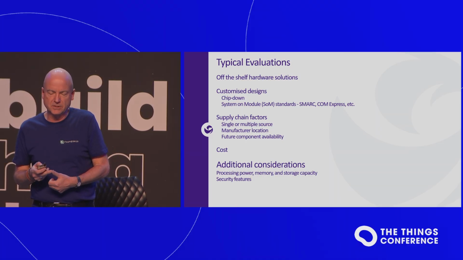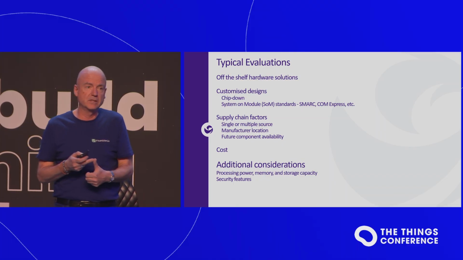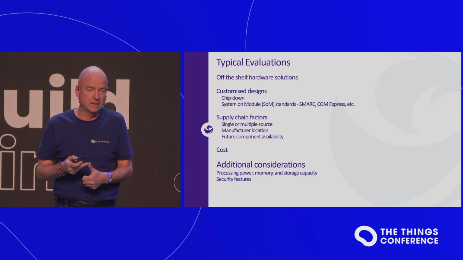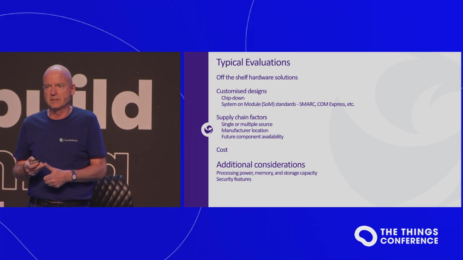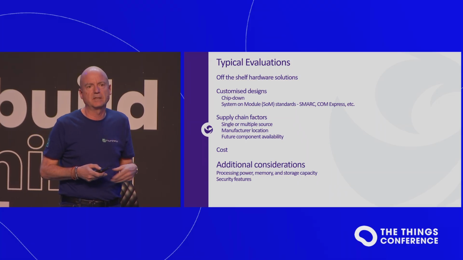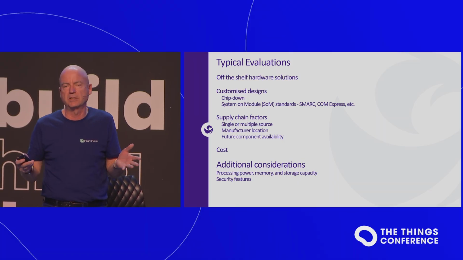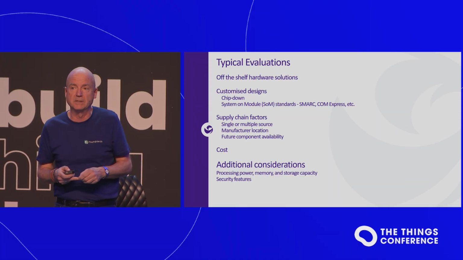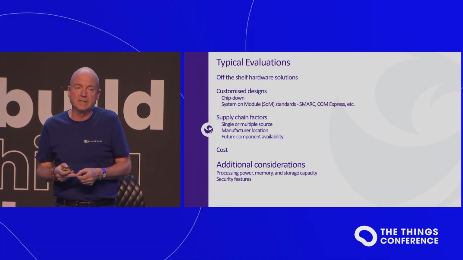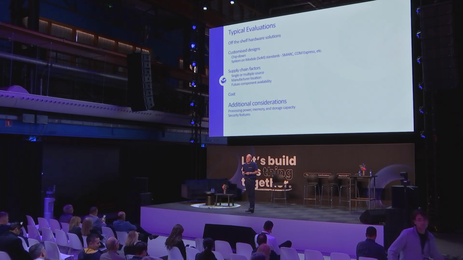So additional considerations that sometimes you don't think about when you're developing or speccing a product: processing power, memory, and storage capacity. If you think about developing an IoT project for a smart city, that's going into a home or an office building, that's going to be there for the next 10, 15 years. The world moves on at a huge pace in the next 10 or 12 years.